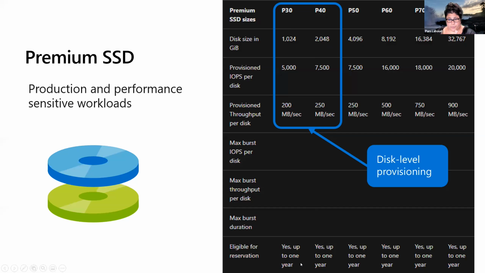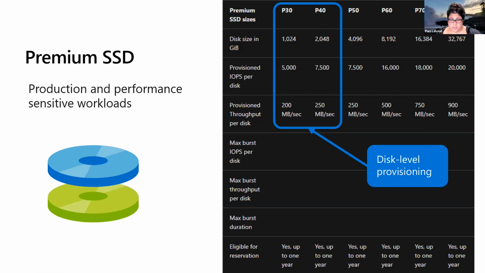And if you go 4 terabytes or larger, you can't use host caching. Host caching is only for drives that are smaller than 4 terabytes. So generally you're looking at P30 or P40 and usually a pool of those drives in order to achieve the IOPS and throughput that you need.